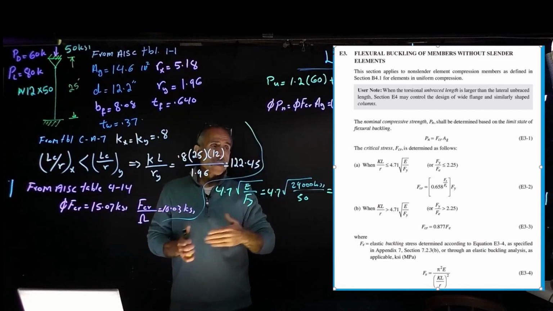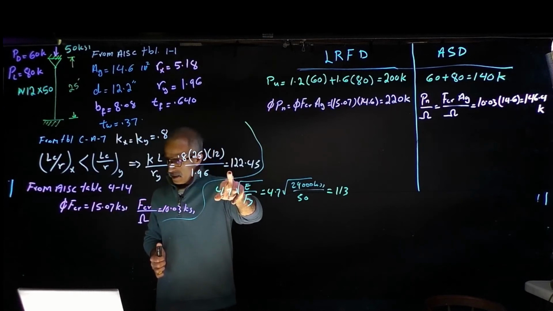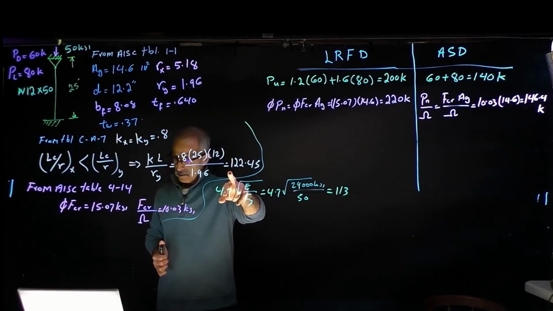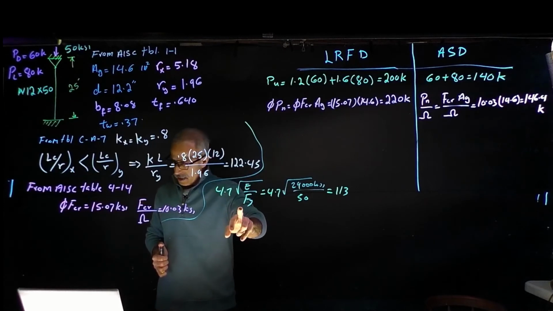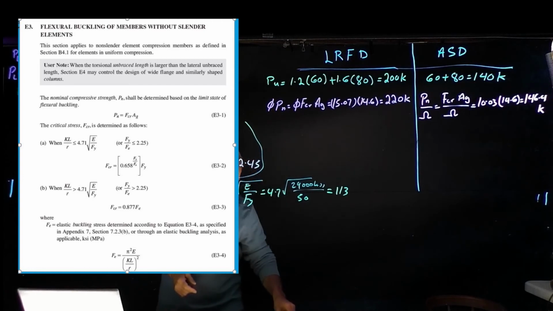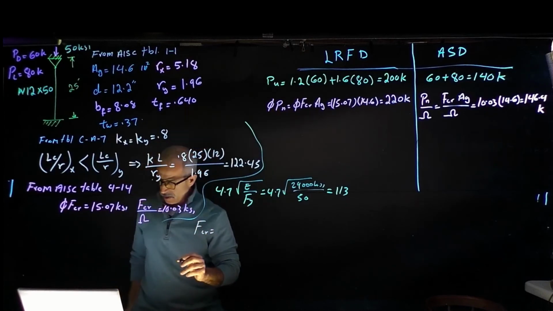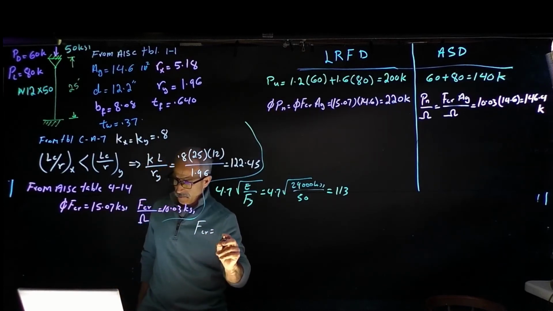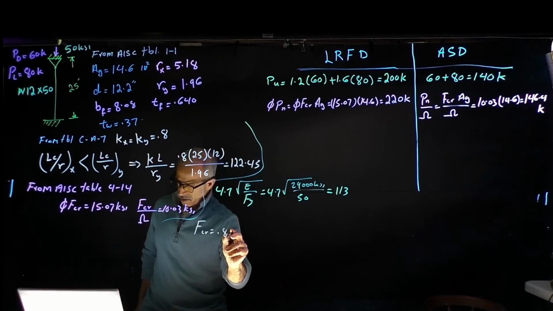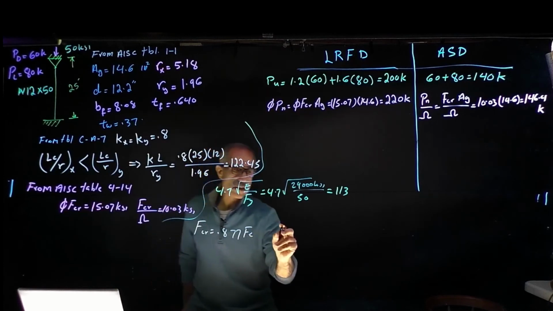So per E3 section, we find out that our KL divided by r is bigger than this number, and therefore we're going to use equation E3-3, and for that the critical stress is going to come out to 0.877 times Fe, and let's calculate Fe.